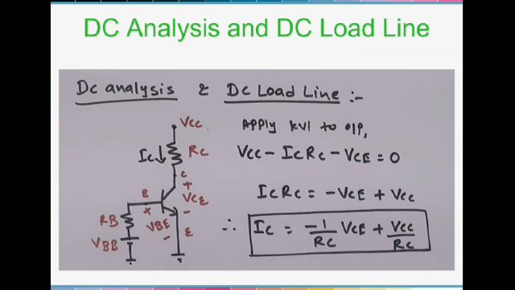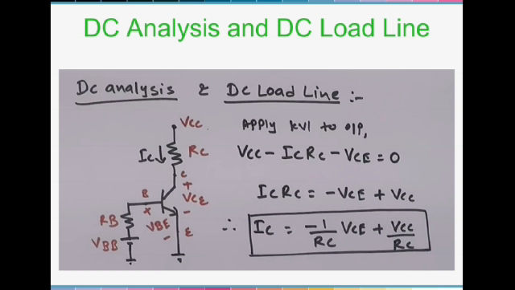Applying Kirchhoff's voltage law at this output portion, the equation can be written as follows. According to Kirchhoff's voltage law, the total voltage minus the next voltage drop minus the following voltage drop, across all the devices connected, is equal to 0.